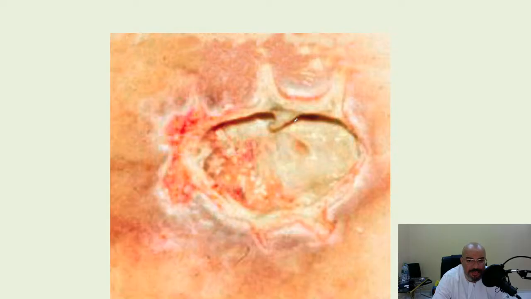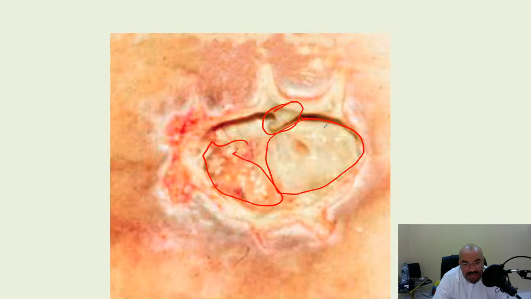I hope the photo is clear for you. Here you can see this is slough tissue. This is also slough tissue. Here we have the granulation tissue, and you can see these unwanted tissues can prevent this granulation from forming, and even prevent keratinocytes from staying and progressing in the wound.